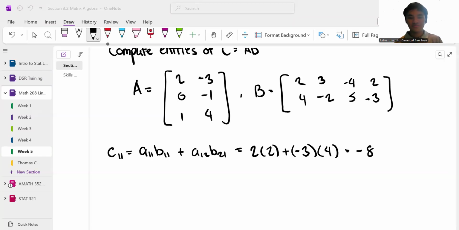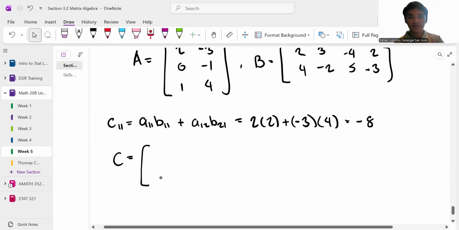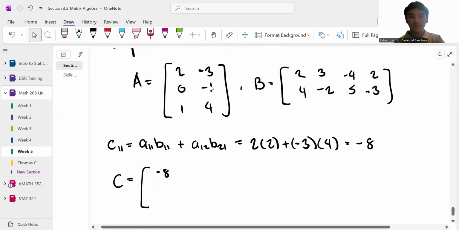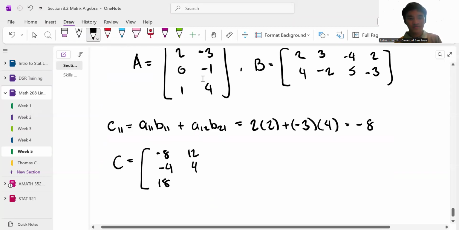And same idea. So just doing all of that, here we have negative 8. At the bottom, we have minus 4. And then we just keep doing it. So I'm just going to fill all of these up, and feel free to check if these are correct.